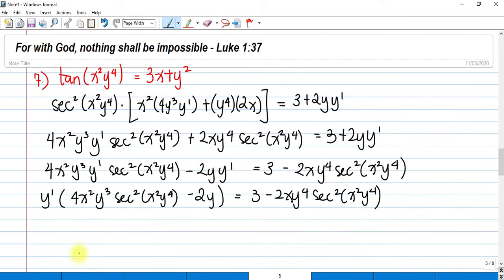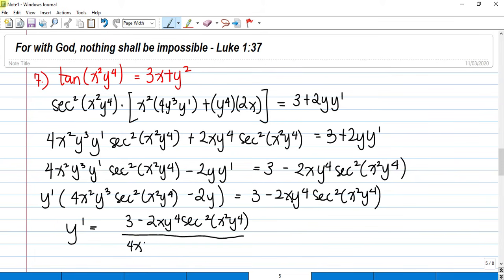So I divide both sides of the equation by 4x squared y cubed secant squared of x squared y raised to 4 minus 2, so that I can isolate y prime. The result would be 3 minus 2xy raised to 4 secant squared of x squared y raised to 4, over 4x squared y cubed secant squared of x squared y raised to 4 minus 2.